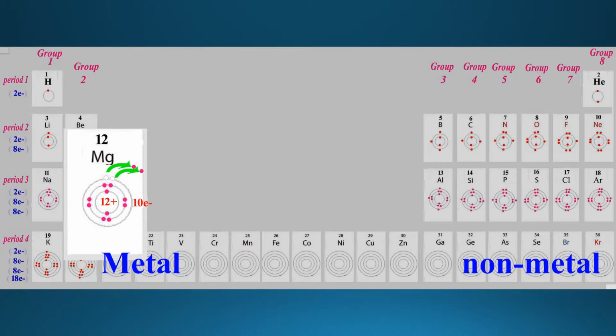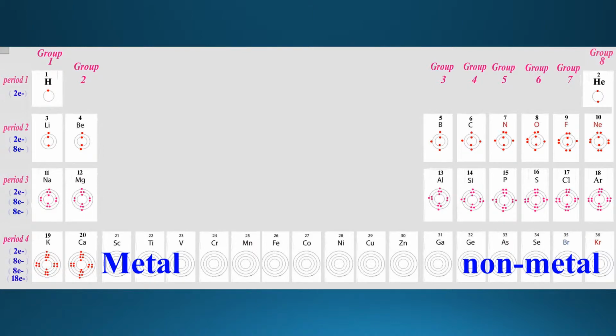They have 10 electrons against 12 protons. Now the charges are no longer balanced. Now they become positive 2 charge. And now this is an ion.